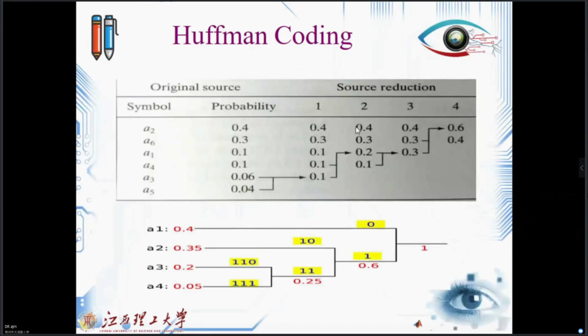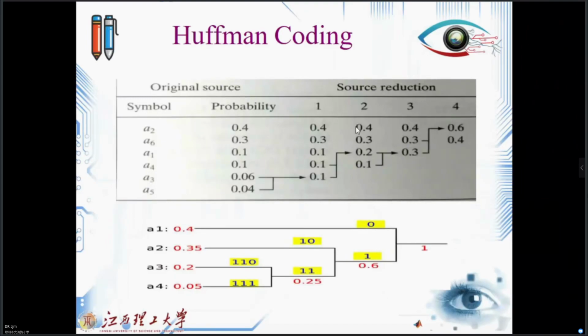Then 0.1 and 0.1 can be added and become 0.2. Then 0.2 and 0.1 can be added and become 0.3. Then 0.3 and 0.3 come as the last stage and become 0.6. This source reduction can also compress our image.